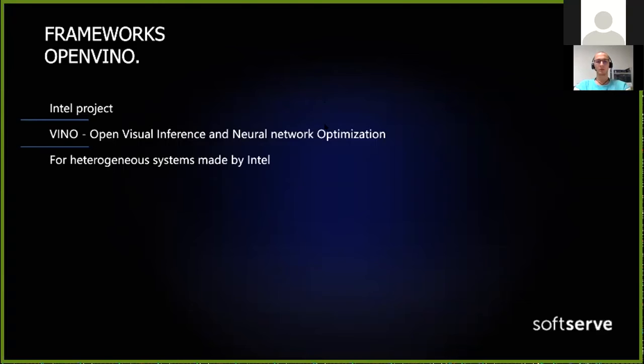OpenVINO is a product for heterogeneous systems made by Intel, and from the very beginning they used it to run and accelerate neural networks on CPUs and GPUs from Intel. And then after Intel bought Altera Corporation, it is also possible to use OpenVINO on the Altera FPGAs like the 10 Nano or some other boards that you may know.